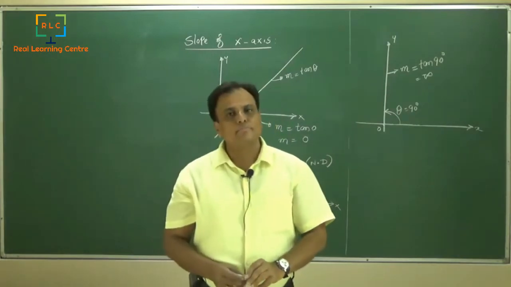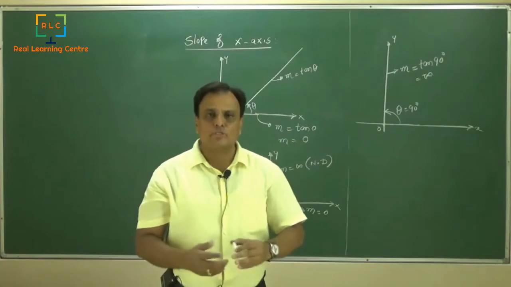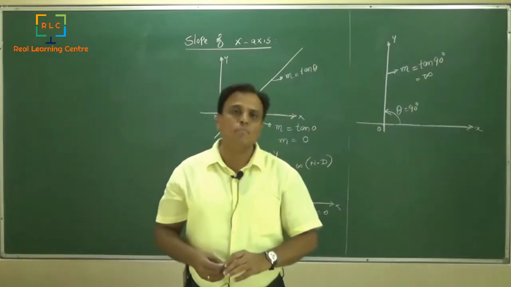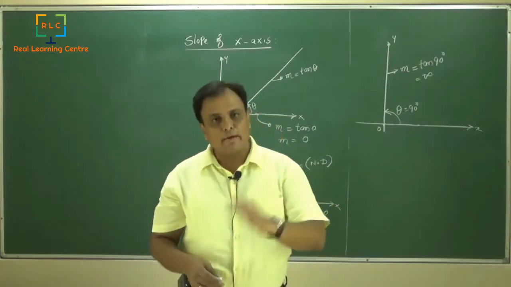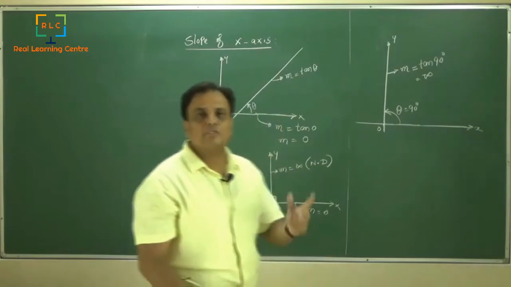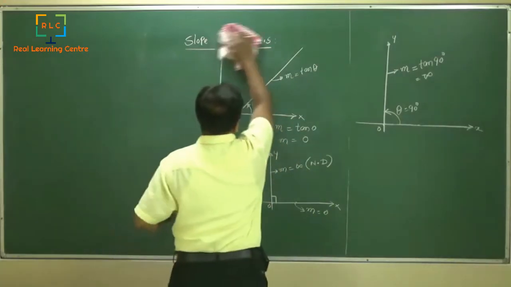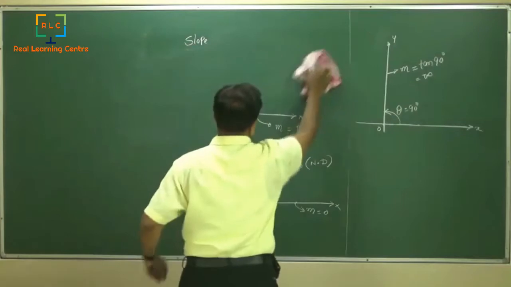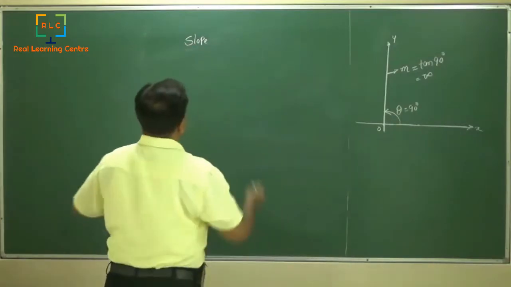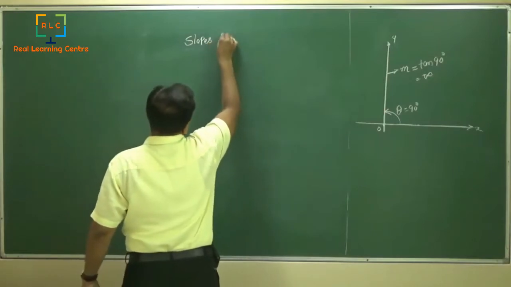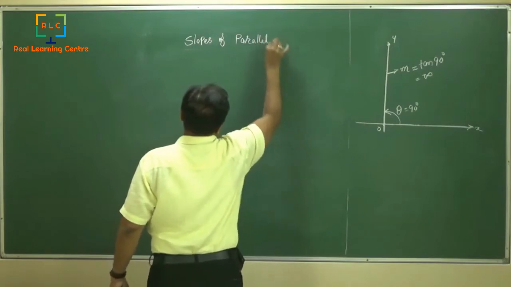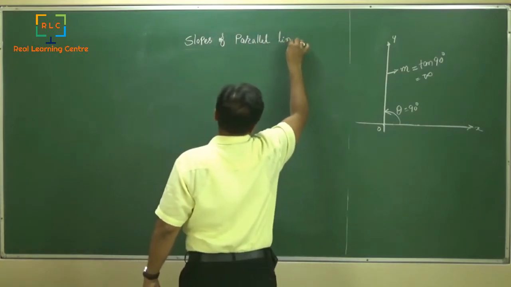Dear students, I hope you understood the basic fundamental definition of the slope of a line. Now let us move on to slopes of parallel and perpendicular lines. Let's start with slopes of parallel lines.